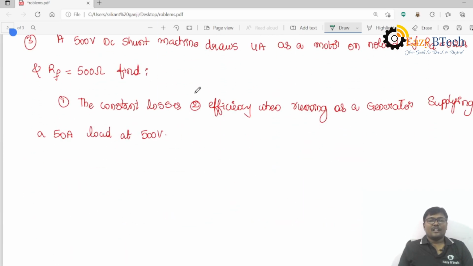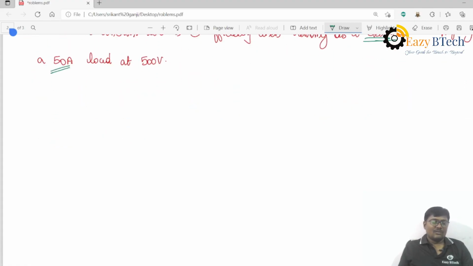Next, a 500 volts DC shunt machine draws 4 amperes as a motor on no load. RA and RF are given. Find the constant losses, and the efficiency when running as a generator supplying 50 amperes load at 500 volts.